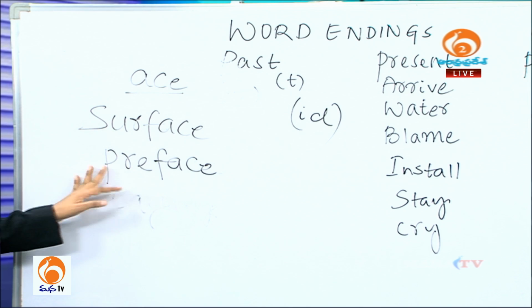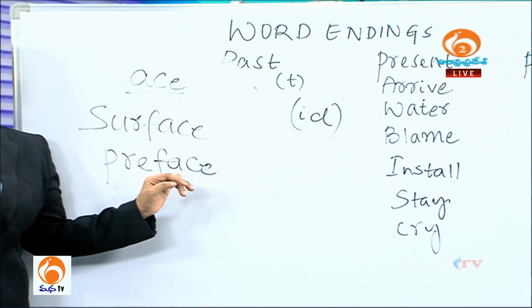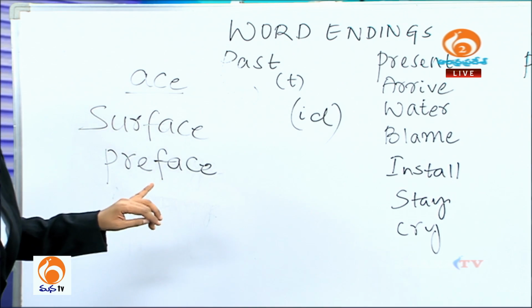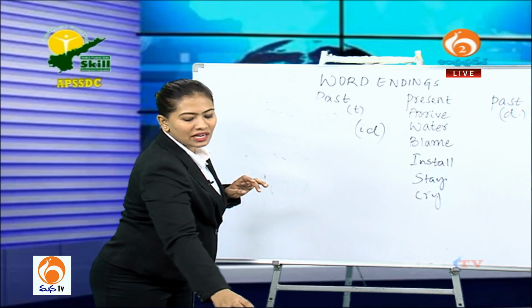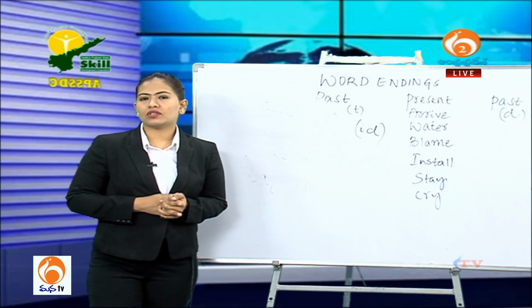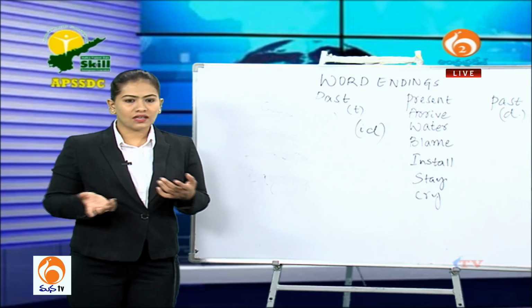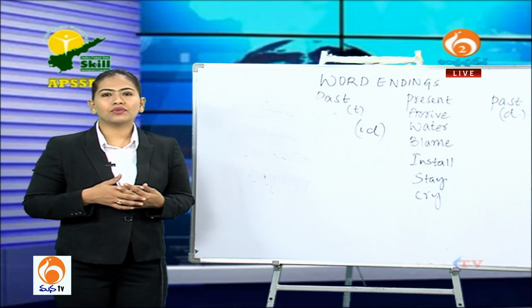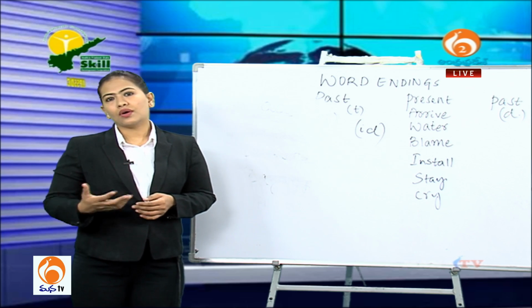So it doesn't take the full pronunciation, but instead it will take surface, preface, and so on. So I just have to keep in mind that any word ending with either AGE or ACE, I have to give it a very subtle enunciation. I don't have to stress the entire word ending to make it sound very hard to the listener's ears, and it will be very difficult to get the sound up. So keep in mind next time when you're giving word endings in your conversation.